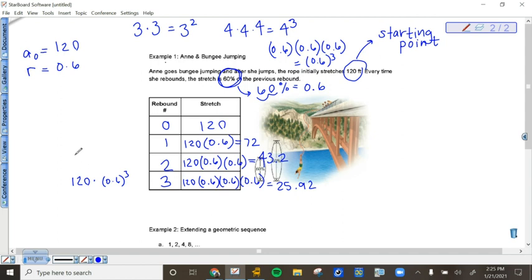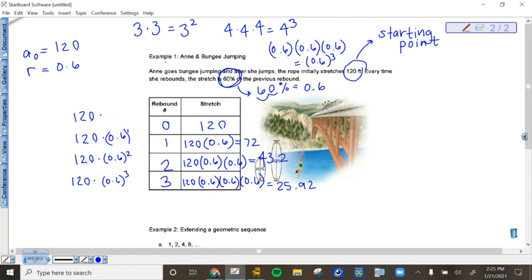For this one, it would have been 120 times 0.6 squared. This one, we only had one 0.6, so it was just 120 times 0.6 to the first. And then the first one still works.